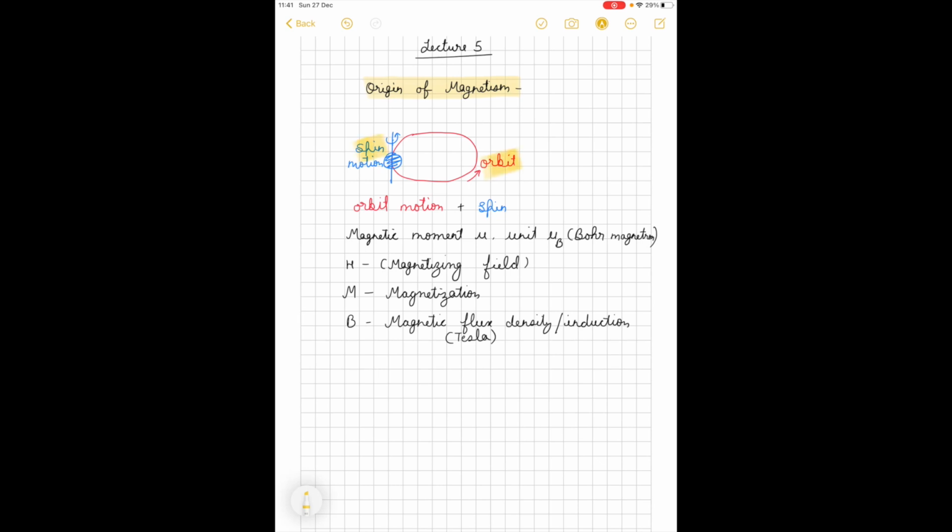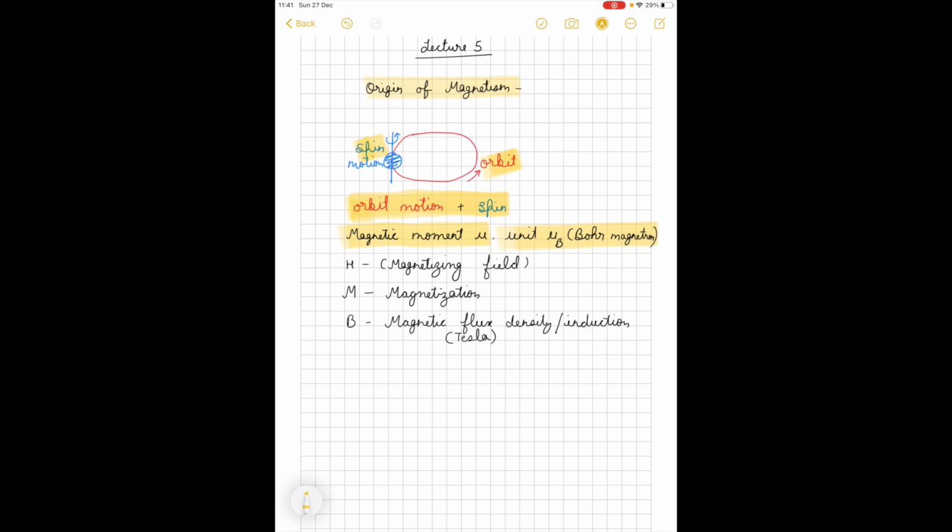But nuclei are heavy compared to the electrons, so we finally said that we're going to consider only the electronic contribution while calculating the magnetic moment mu. And magnetic moment, in general, we will calculate in the units of Bohr magneton, mu B.